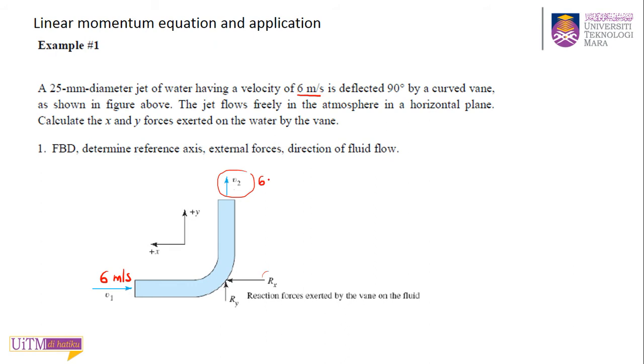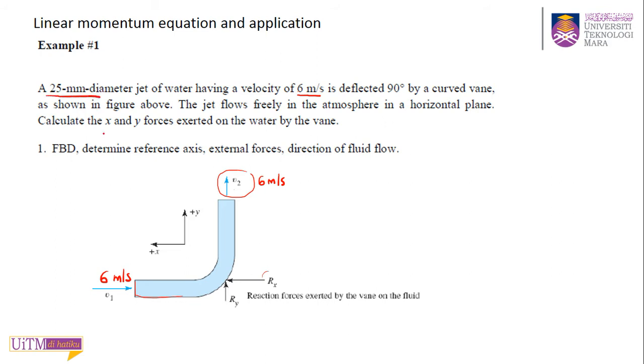You are right. The answer is 6, but I just want to know the reason why you choose 6. It is related to this pipe. What is the same? A1 V1 equals A2 V2.